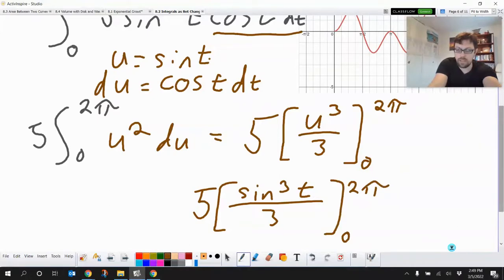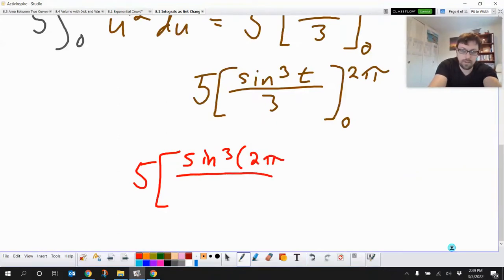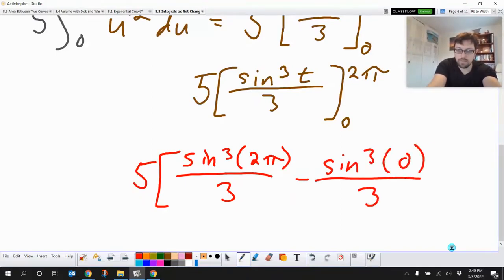We do our top minus bottom. So our top is sine cubed of 2 pi over 3 minus the sine cubed of 0 over 3.